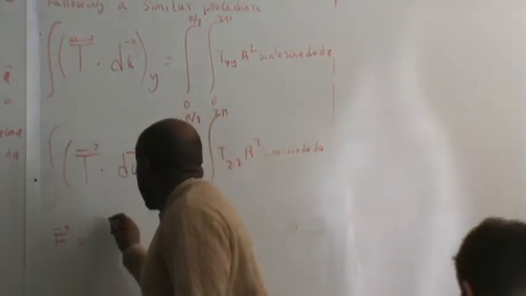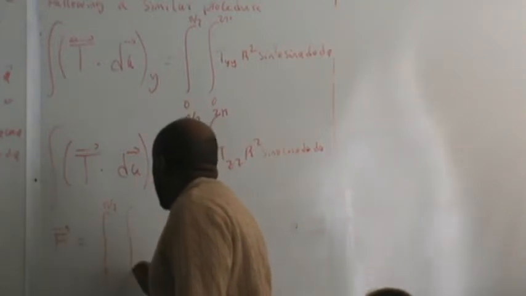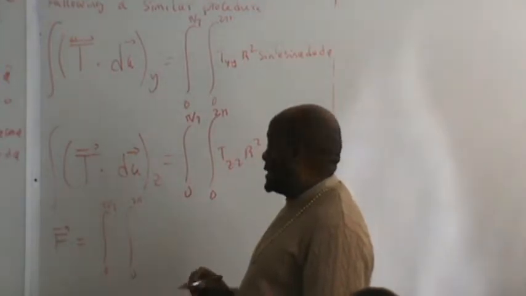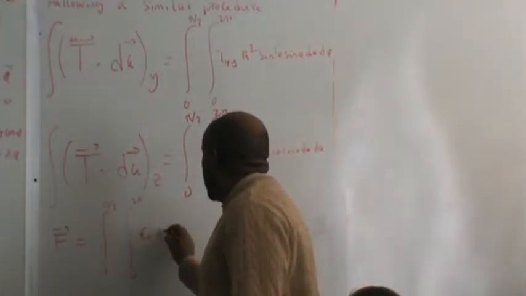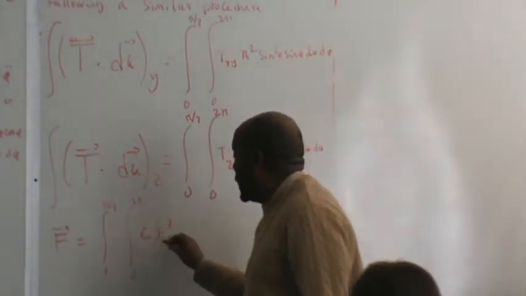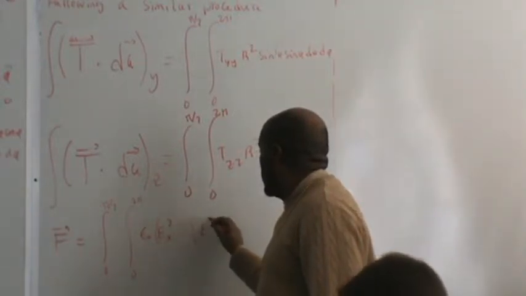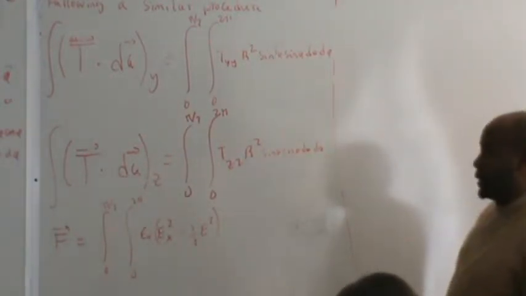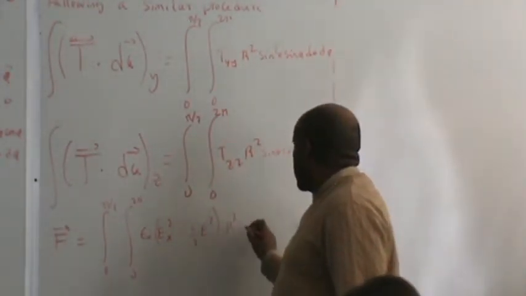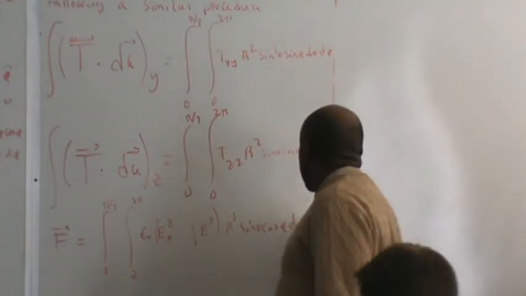That's going to be the integral from 0 to pi over 2, from 0 to 2 pi, Txx is just epsilon naught Ex squared minus half E squared times r squared sine of theta cosine of phi d theta d phi.